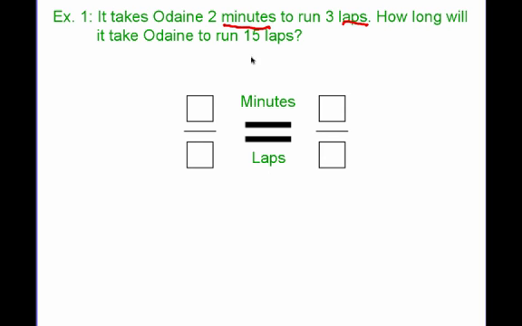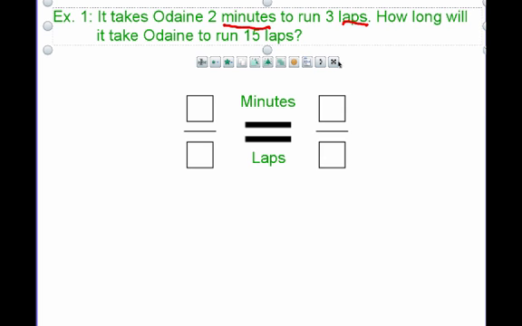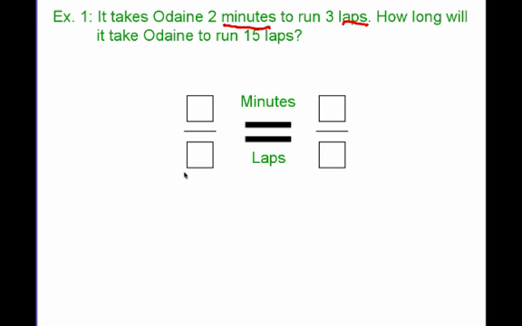And now I want to make sure I keep my data paired up. It says it takes Odane 2 minutes to run 3 laps, so I want 2 and 3 to be in the same fraction together. It's 2 minutes for 3 laps, so that's one side of our fraction. Now on the other side, we're missing a piece of data, so that's where our x goes.